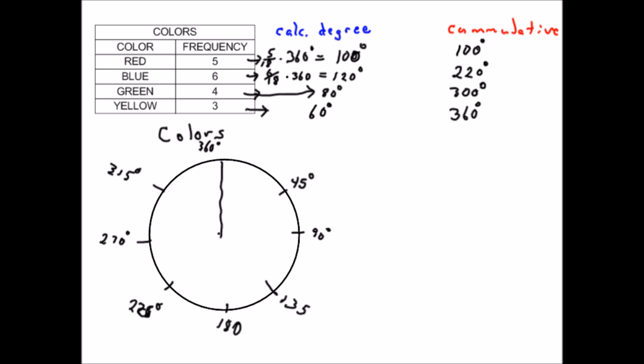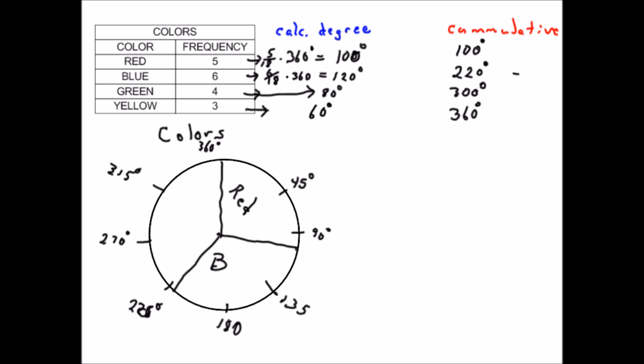So for our first class, red, about right there would be 100 degrees. That represents the class red. Then the next one, the cumulative, comes out at 220. Well, that's going to be about right in there.